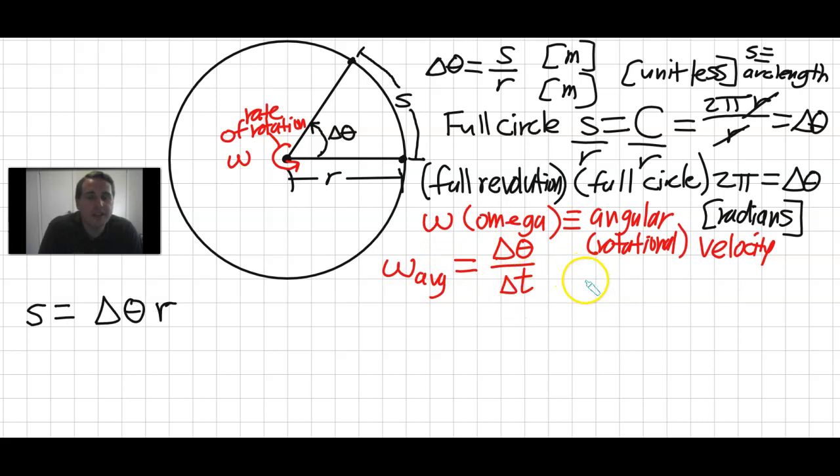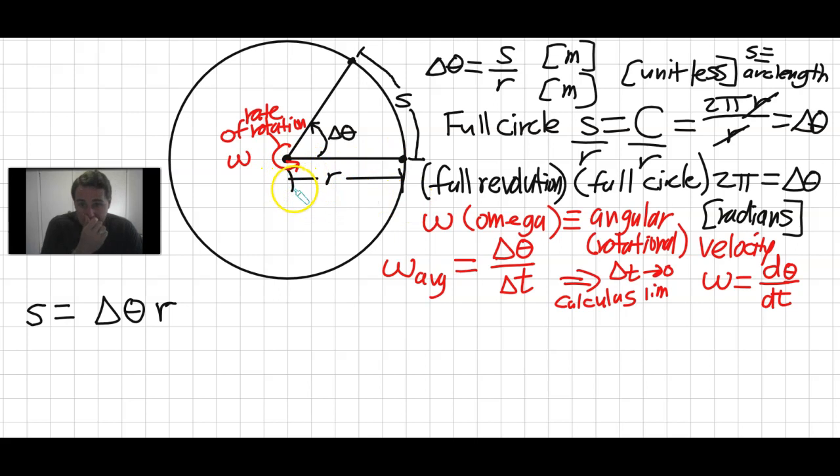Now, if you want the instantaneous rate of change, you should bring in the calculus. So I'll change that to calculus. So we should let delta t approach 0 in the limit. And that should be omega is just d theta dt. And this is what we call the angular velocity. That's how fast theta is changing in time. So notice that if theta changes with time, that's going to give the omega.